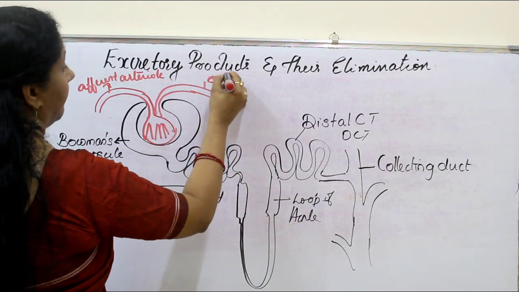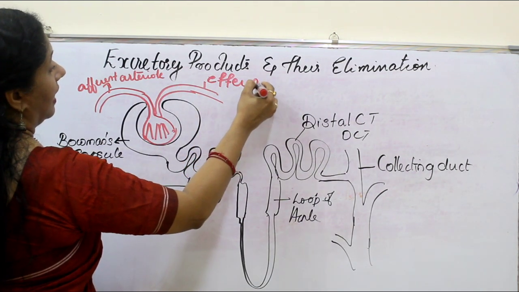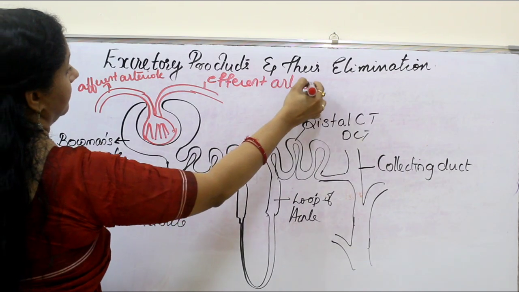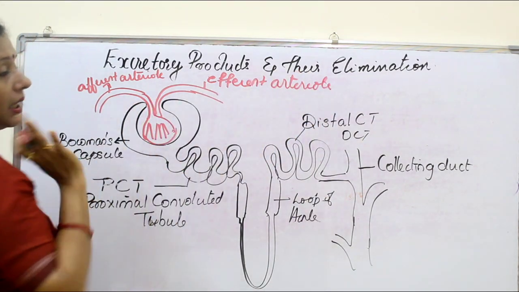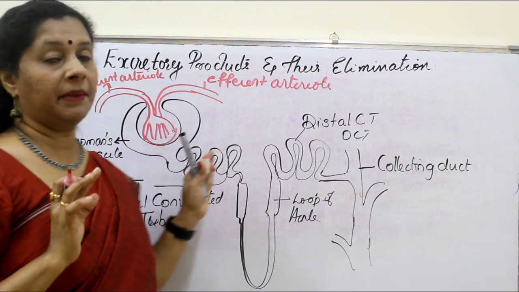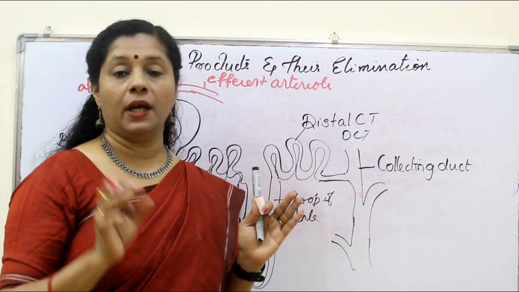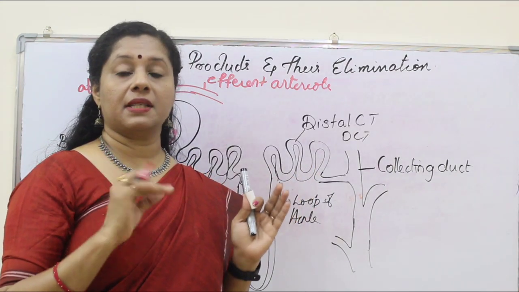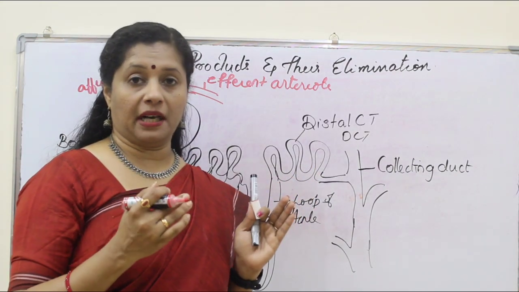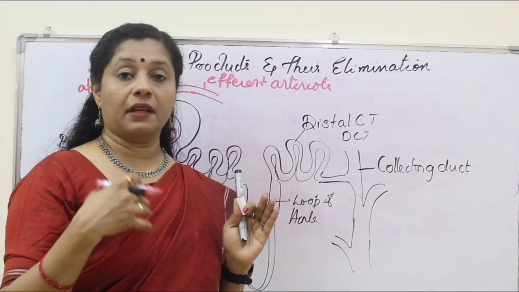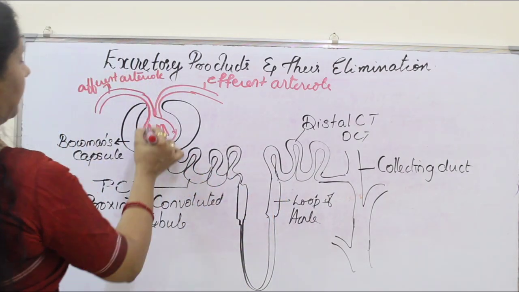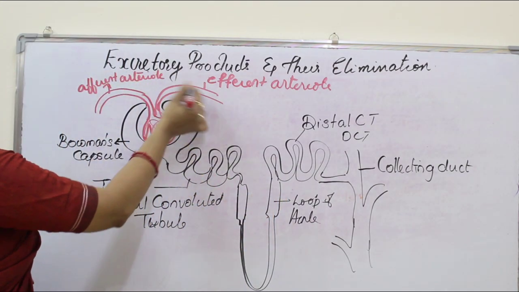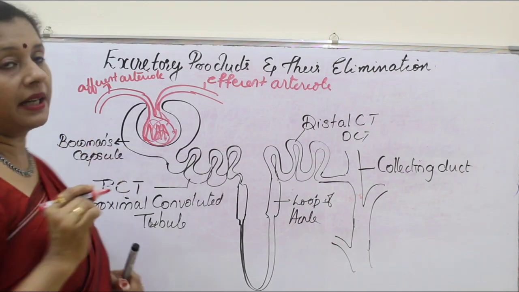This is called the efferent arteriole. Okay. So both are arteries only, don't mistake that the one coming in is artery and the one going out is vein. No. A branch of an artery comes in, that is called an afferent arteriole, which after making a tuft of capillaries inside, will go out as an efferent arteriole.